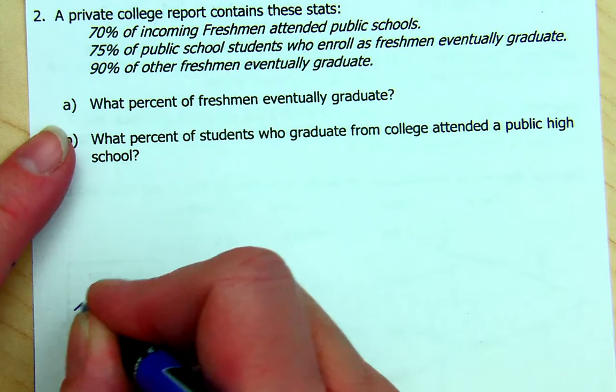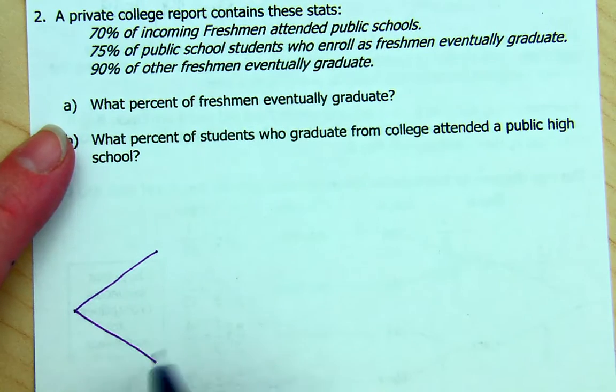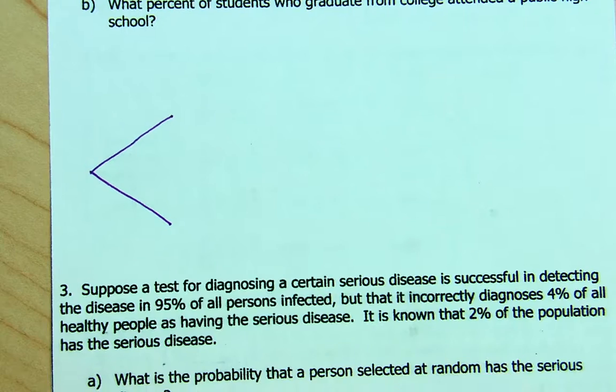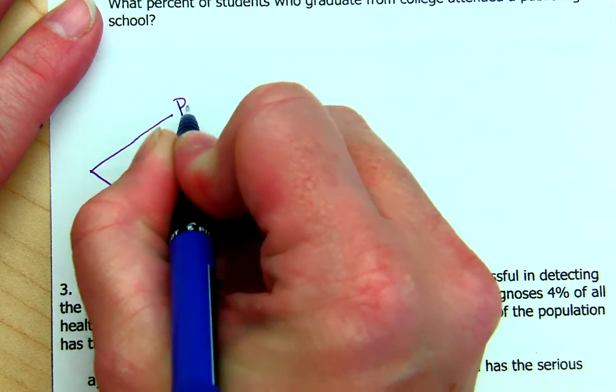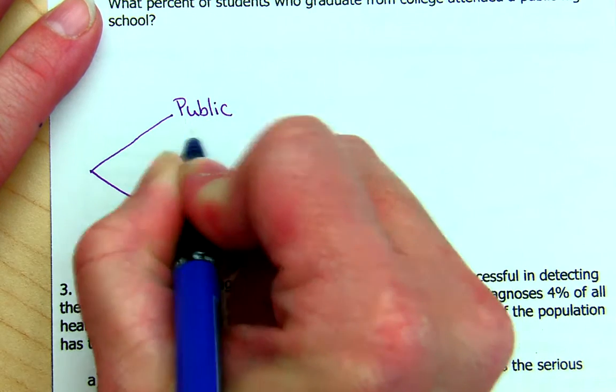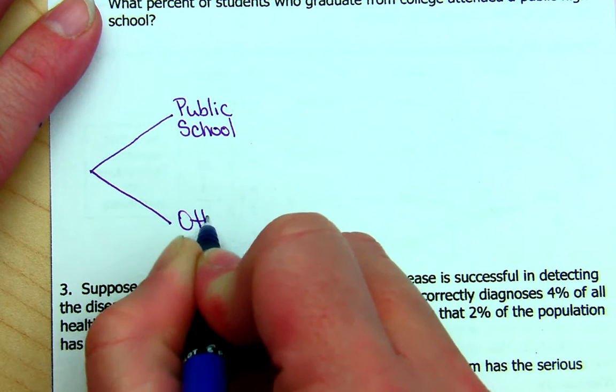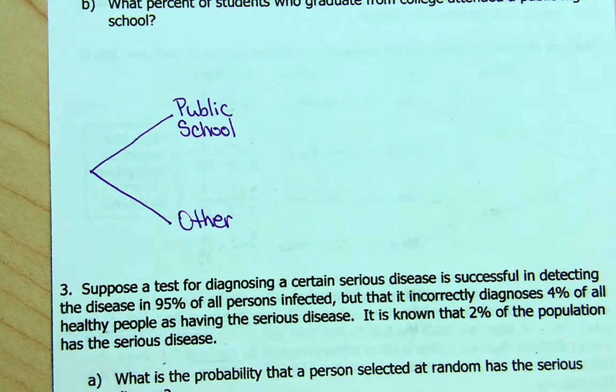So first decision we're going to make is either public school or some other form of education. So they either went to public school or they were homeschooled, private school, some other form of school.